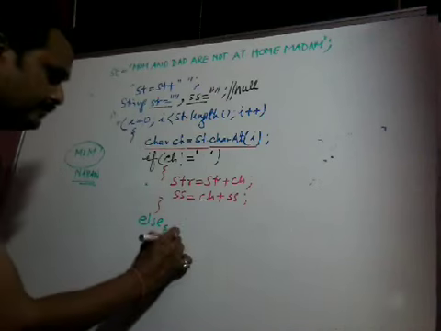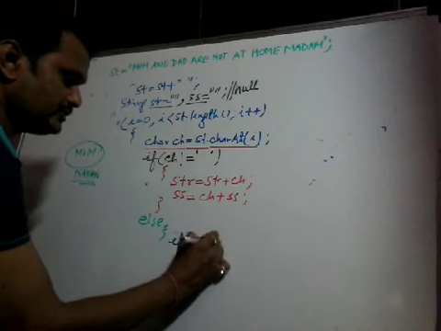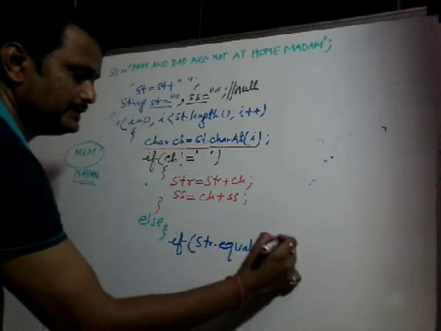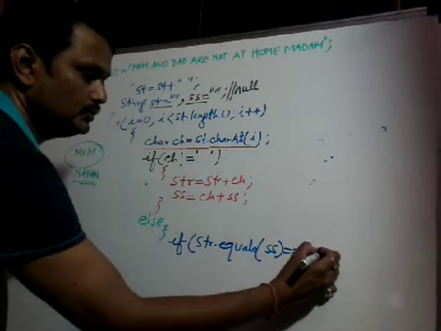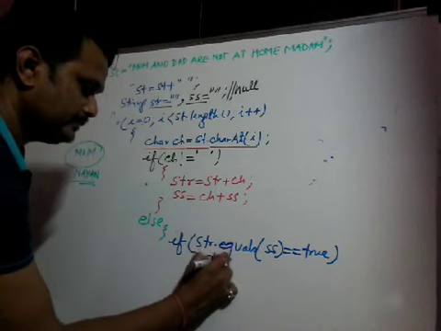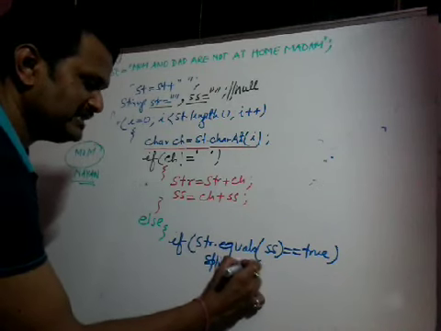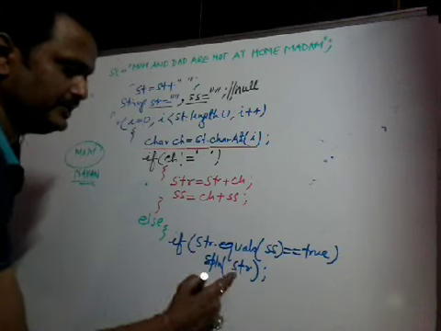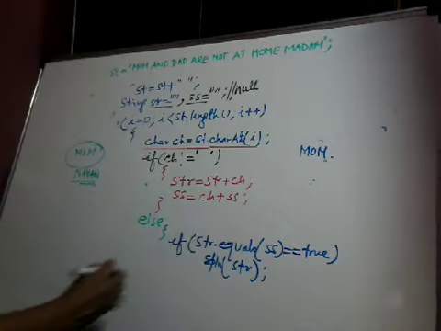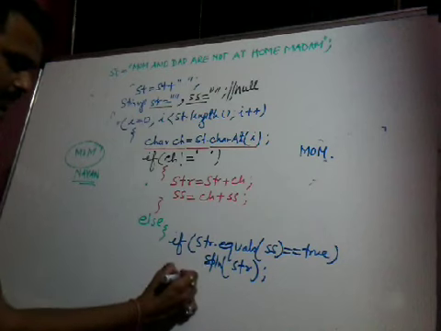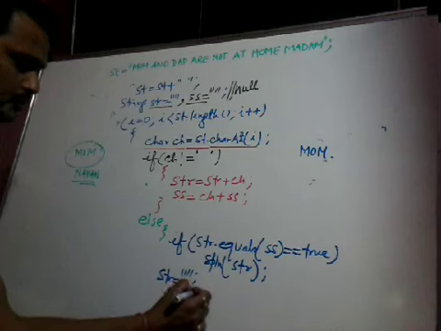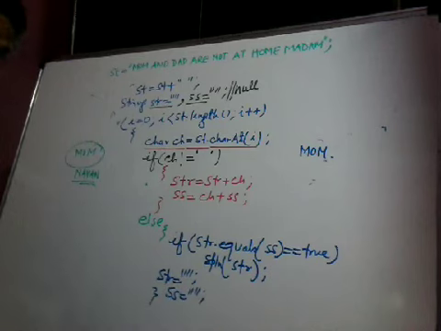Put a condition: if str dot equals ss is true. If both the values are equal, println str, that means the condition is true, it will print mom. After that str will be null and ss will also be null.